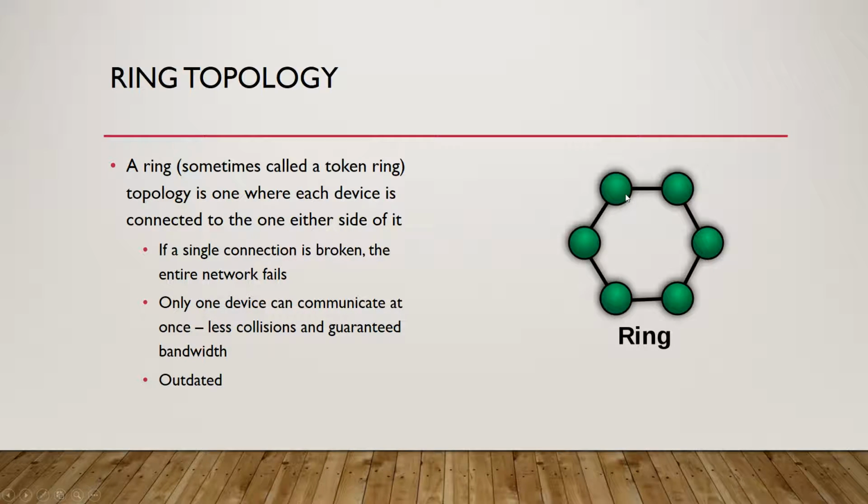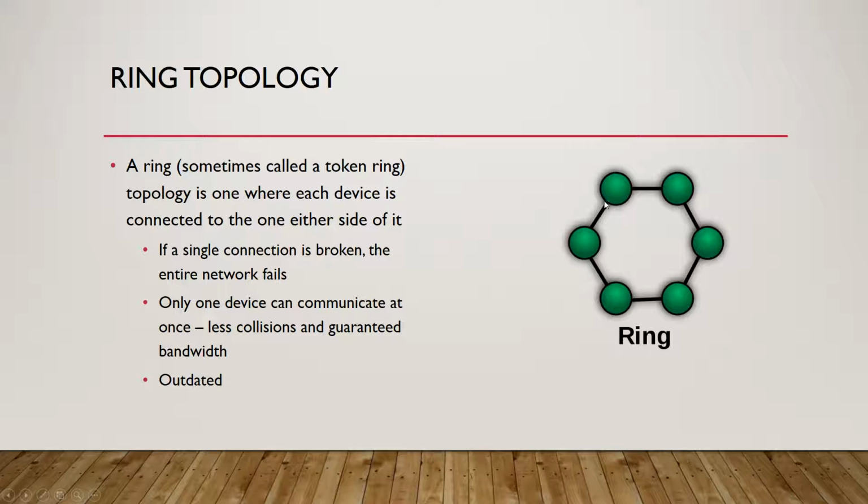In order for a node to connect to a network, it needs something called a network interface card, or NIC, which we'll look at in a lot more detail in later videos. For now, all you need to know is that they need a network interface card to connect. This node, this green dot, requires two network interface cards to be a part of a ring network, so you've got a lot more equipment involved.